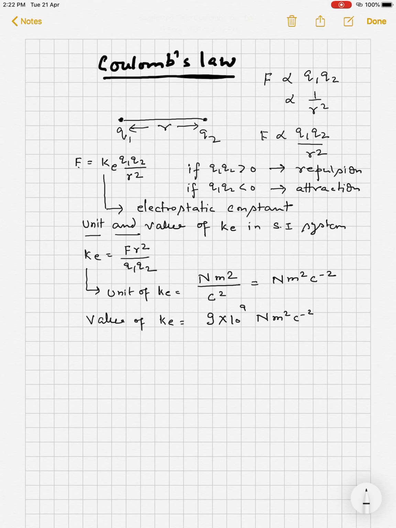So the value of Ke is a constant, and that constant can be taken as 1 upon 4 pi epsilon naught. Here epsilon naught is called the permittivity of free space or vacuum.